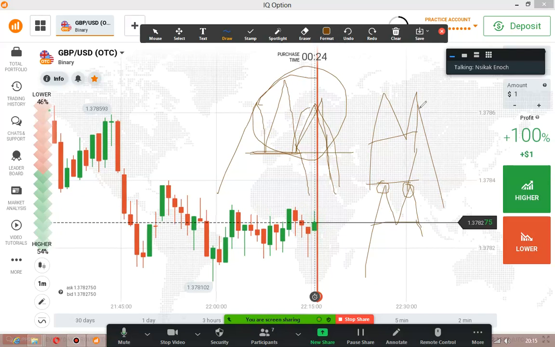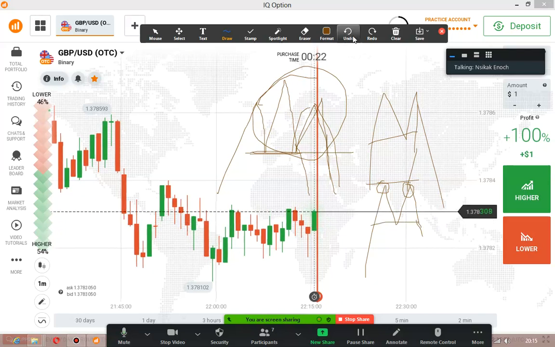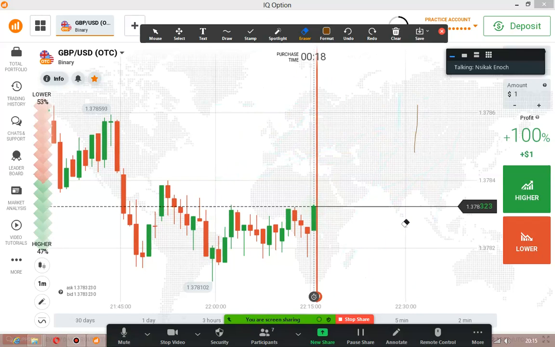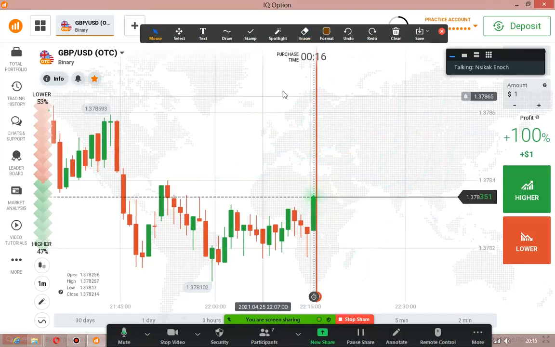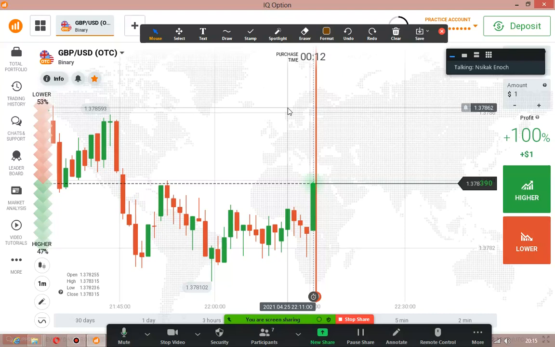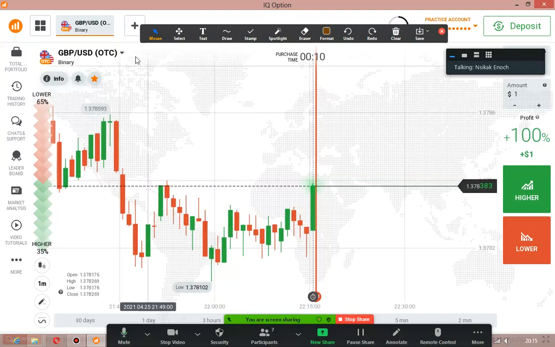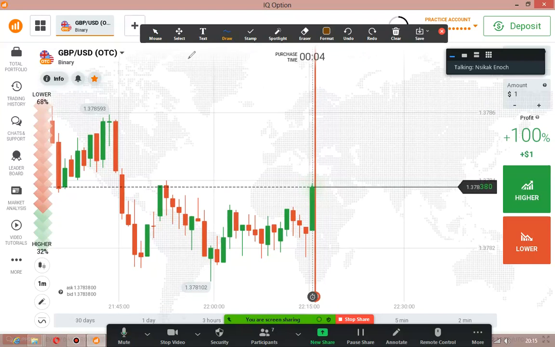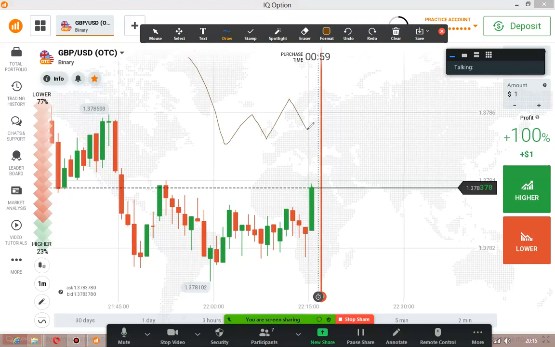Then another case is that whenever you are trading the pullback, don't think that the market will always come to the pullback area before you start trading. Let's say, for instance, we have a bearish flag pattern, something like this.